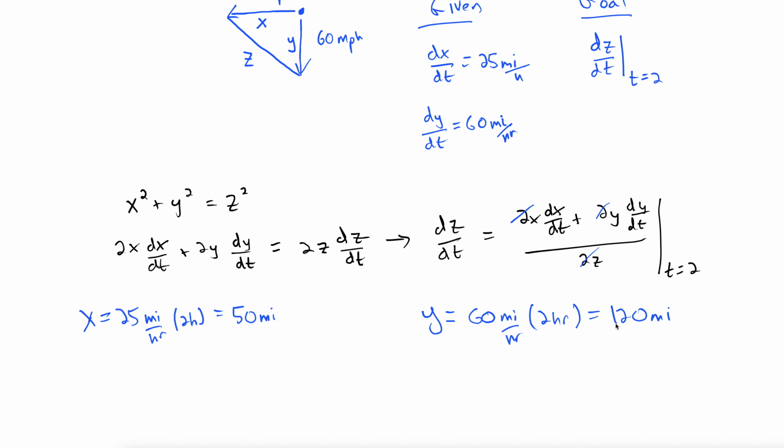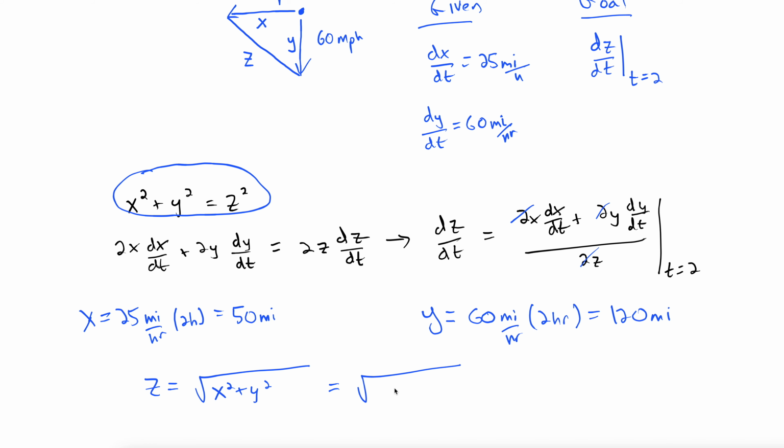So there we have x and y. We just need z. Well, we have this Pythagorean theorem relating x, y, and z, so we can solve for z. Let's take only the positive value. z equals the square root of x squared plus y squared, so the square root of 50 squared plus 120 squared. That comes out nicely, turns out to 130 miles.